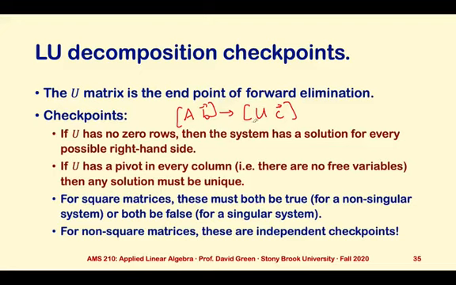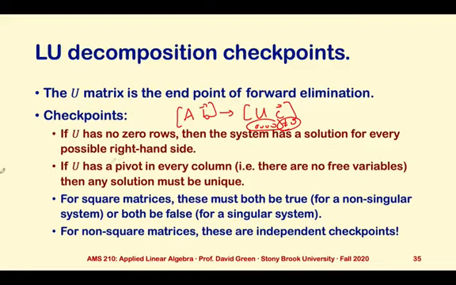If the U block was all zeros and we had something not equal to 0 on the other side, we wouldn't have a solution, right? But necessary for this to happen is all zeros in the U block. If we don't have any zero rows in U, every right-hand side must have at least one solution.